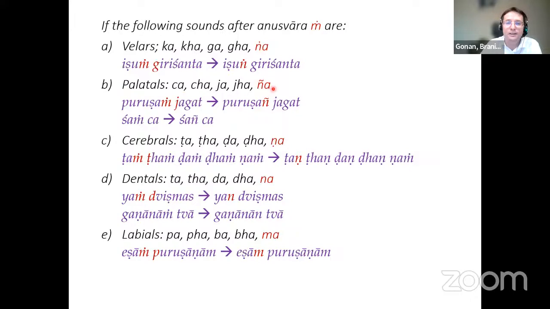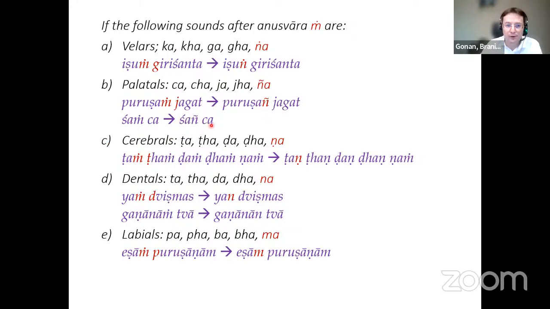So this nya is the nasal sound, anunasika, for that particular group of consonants. When we have anusvara before any of these sounds in this group, like in purusham jagat, we need to change this anusvara into their nasal pair, which is ny: purushany jagata.